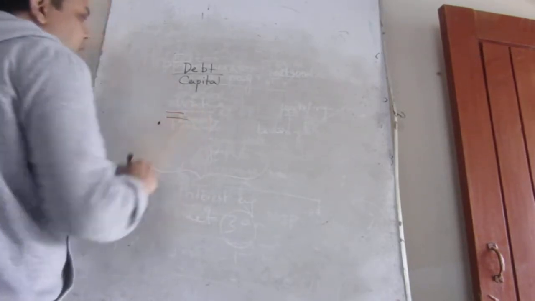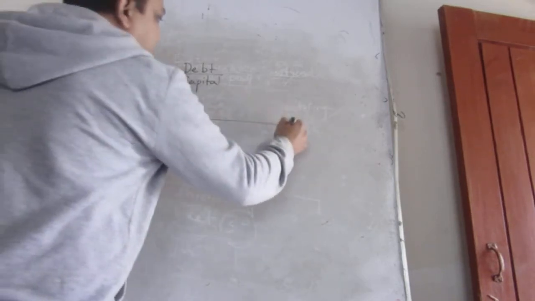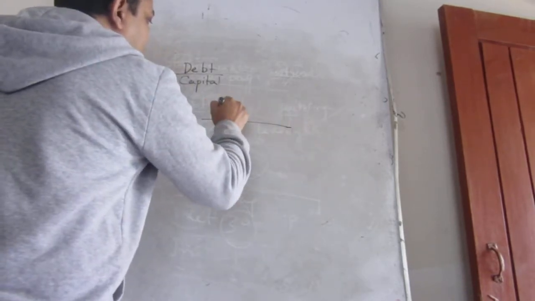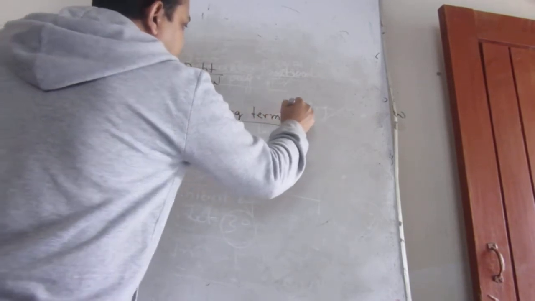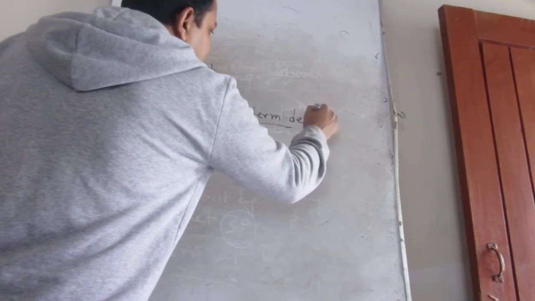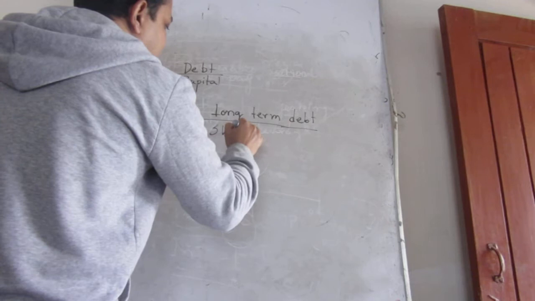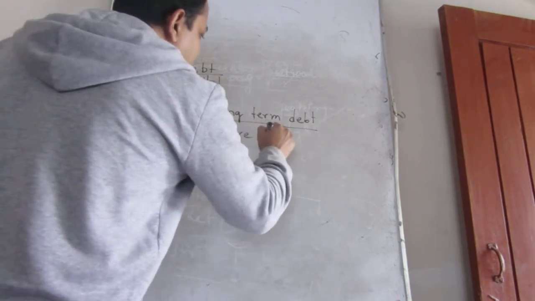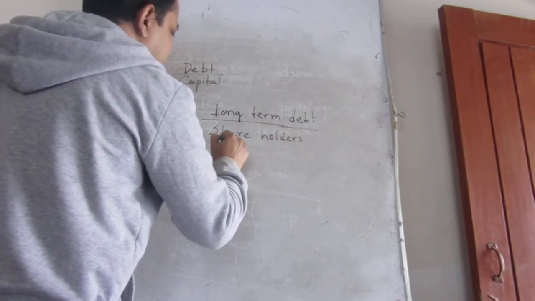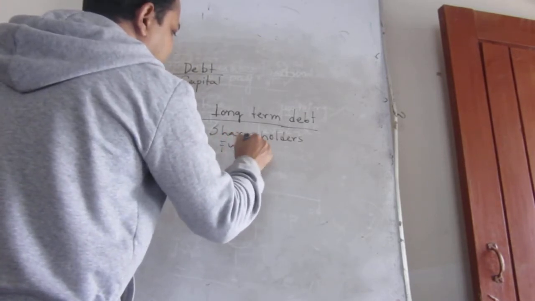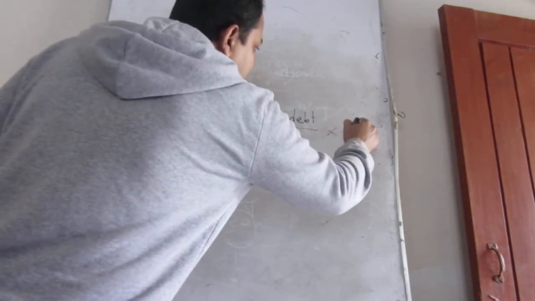এটা আমরা মেজার করব আগে বলি, তারপরে কনসেপচুয়াল আলোচনা। এক হচ্ছে long term debt divided by shareholders fund into 100.